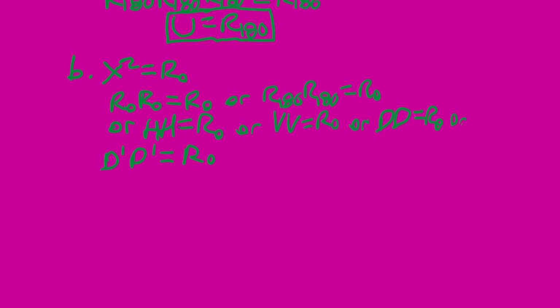So our elements for x are going to be rotation of 0 degrees, rotation of 180 degrees, horizontal reflection, vertical reflection, diagonal reflection, and the other diagonal reflection.